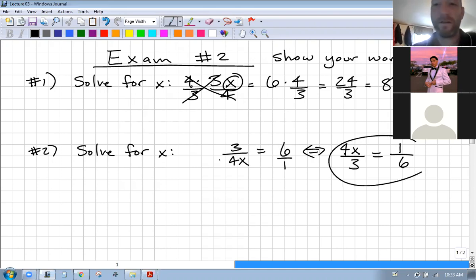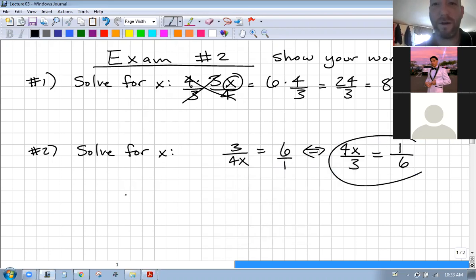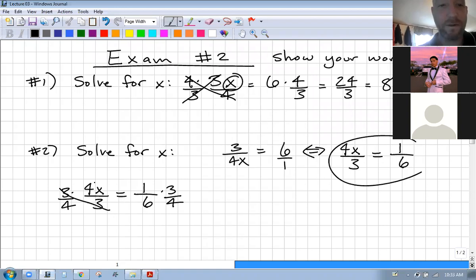So from here, we have a problem that looks just like the one above. It's going to be the same trick. We got to get rid of the 3. And we got to get rid of this 4. So we need to divide by 4. 3's go away, 4's go away.